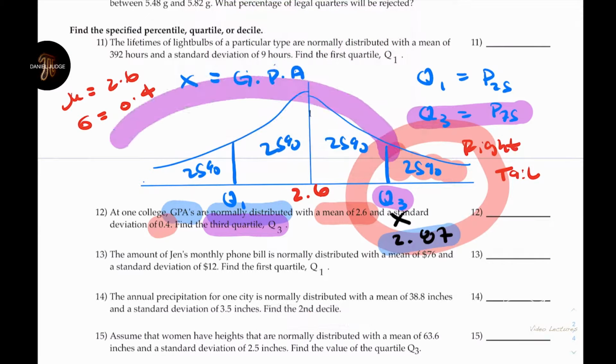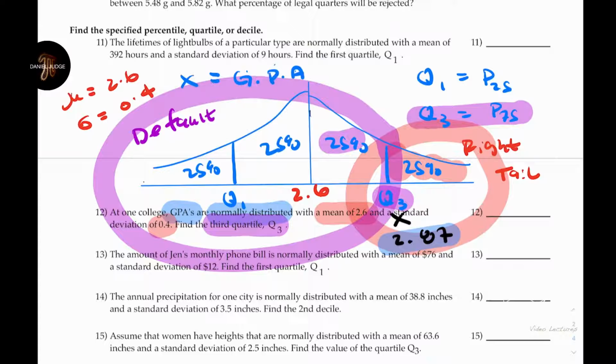The default area to the left is going to require you to describe the portion of the bow that's to the left of this value as 75%. So it's area to the left of the Q3 value, and that's 75% now.